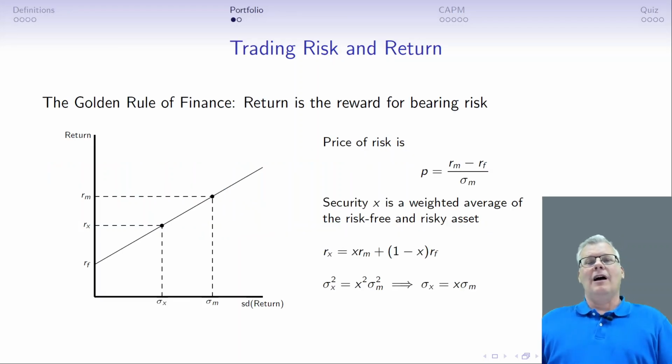Now, if we consider the problem of trading risk and return, so we have return on the vertical axis, and we have the standard deviation of return or risk on the horizontal axis.